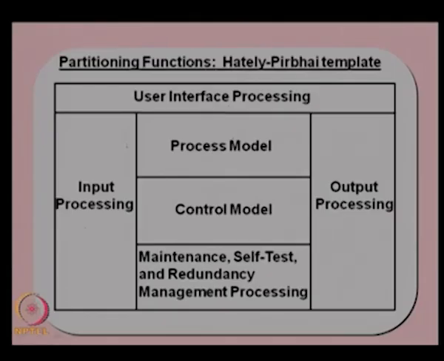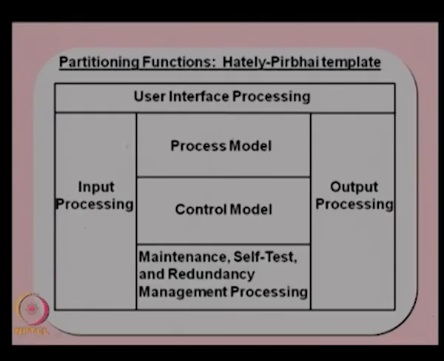You convert this process model into sub functions and then go ahead with the subdivision of these functions. That is the basic principle of the HP template. As you can see here, the process model can be divided into 5 other functions, or in order to provide one process model function, we need 5 functions.